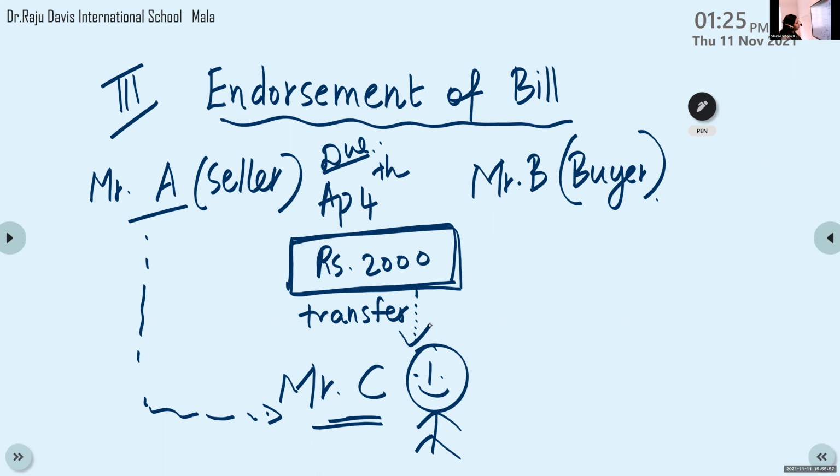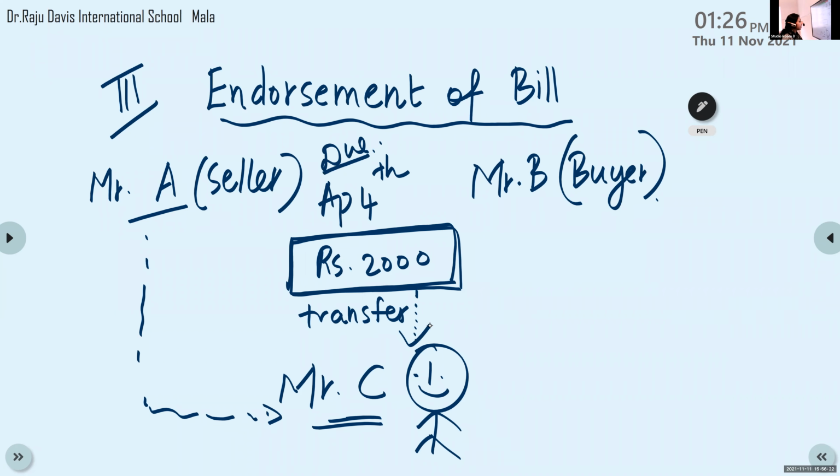So, on April 4th, Mr. A will be getting 2000 from Mr. B, no? So Mr. A is actually transferring this bill to C, and he is informing C that, C, I know that I owe you rupees 2000, you don't worry.